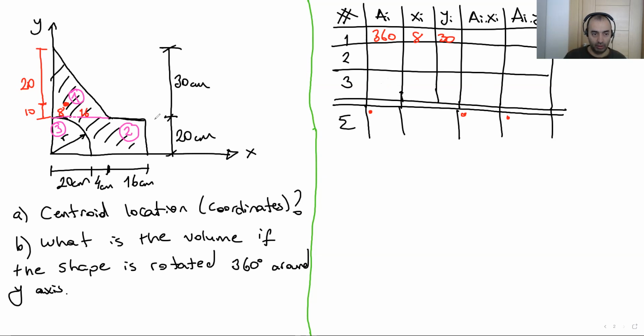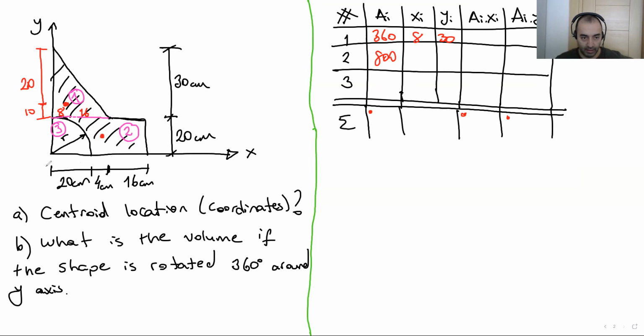Let's do the second member, which is a rectangle here. Its center is here. Let me calculate its area again: 40 times 20. Yes, you're right. Here is 800.